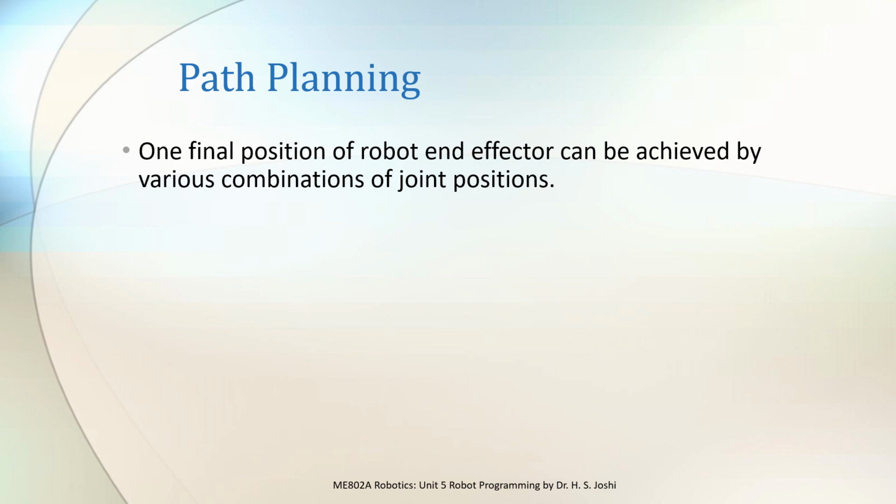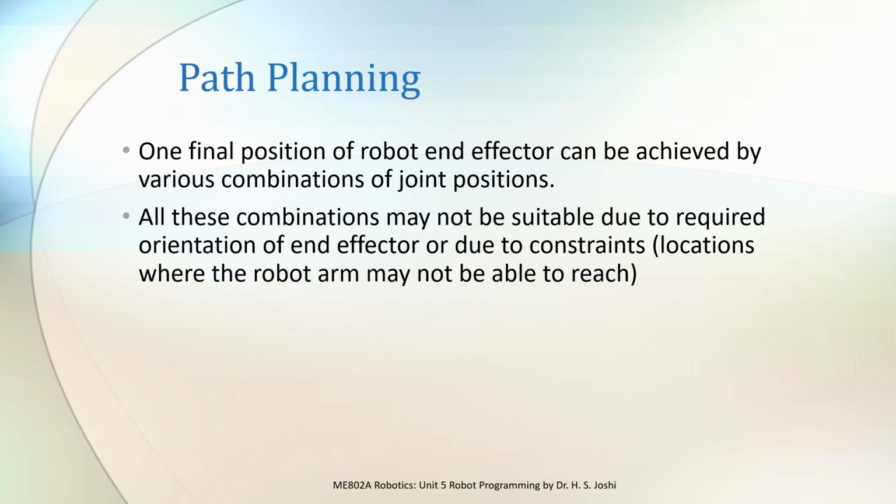By using joint positions, all the combinations may not be suitable. Even though there are multiple combinations available, some constraints may be there. For example, if you want to approach a point from the top side, the other combinations may not be approaching from the top side, or sometimes it may happen that you want to approach a point from the bottom side, but there is some obstacle in between.